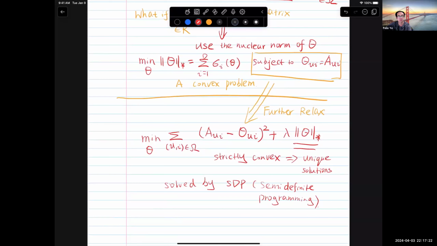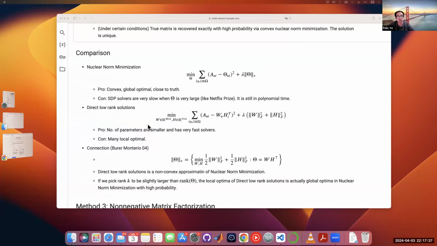Okay. All right. So that's basically that, and then I'm going to give you a short comparison here. So here is the short comparison that we have.